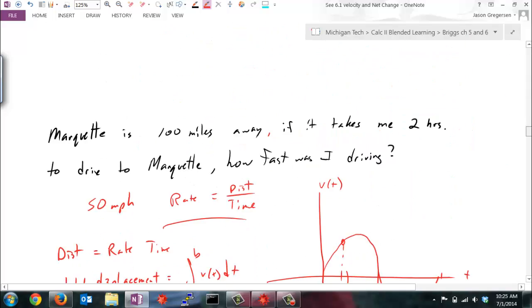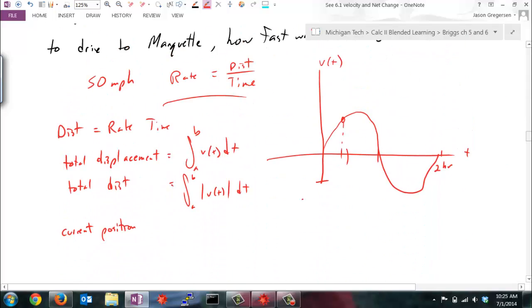So all we're doing here for current position is just taking our initial position plus the integral from 0 to whatever we want to call that thing. Like that. Okay, any questions about that?